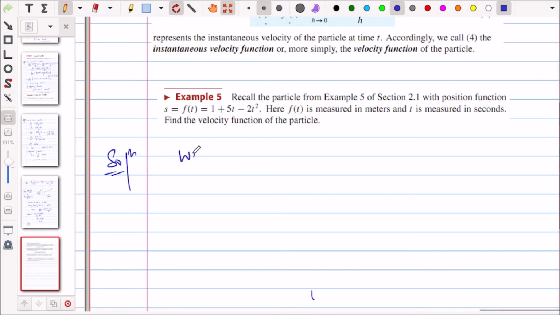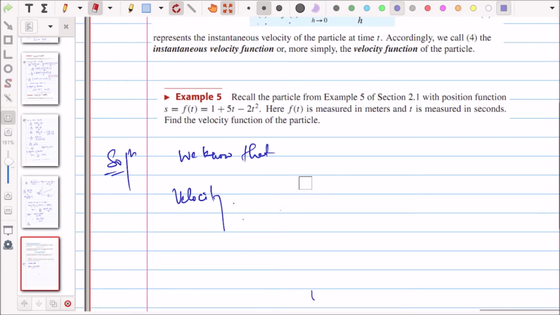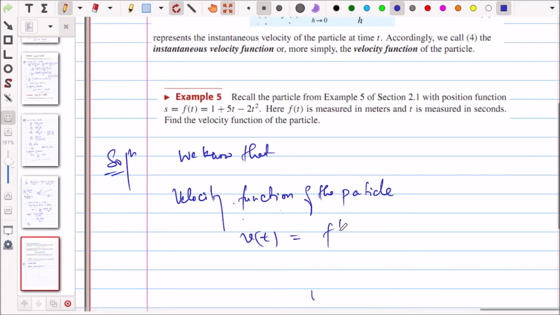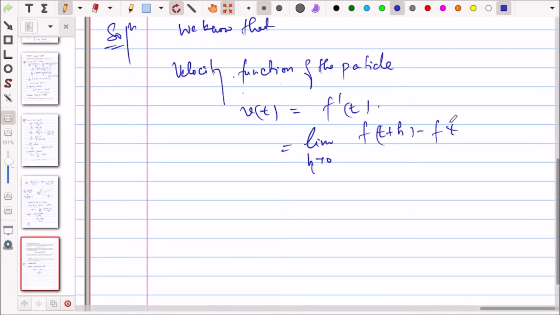Okay, so we know that the velocity function of the particle v(t) is given by f dash t, right? It is f dash t, which is equal to limit h tends to 0 f(t plus h) minus f(t) upon h. So let us find this limit.